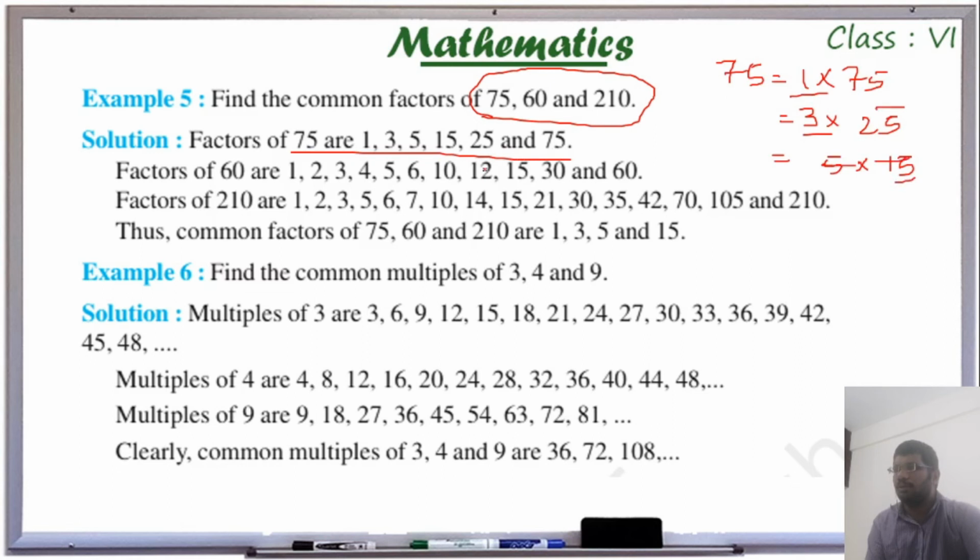Like that, you have to find the factors of 60. 60 I can write as 1 into 60, 2 into 30, 3 into 20, then 4 into 15, 5 into 12, then 6 into 10.